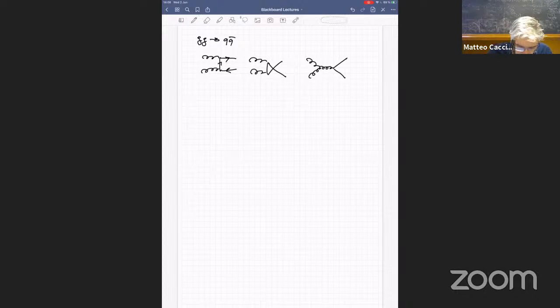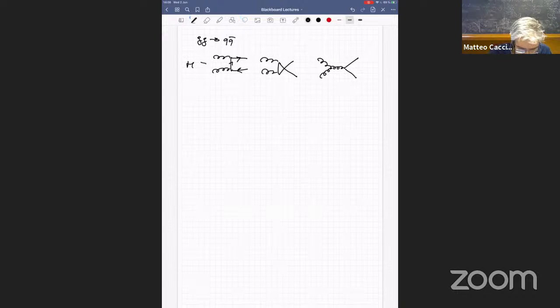So now let's say you calculate this. We are not going to do it in detail, but let's say you calculate your amplitude through the sum of these three diagrams. And then, of course, in order to calculate the cross-section, you need to sum over the colors and the polarizations of your matrix element squared.